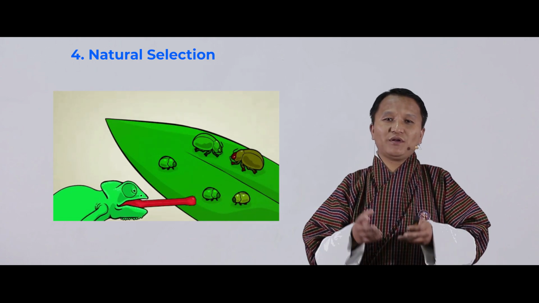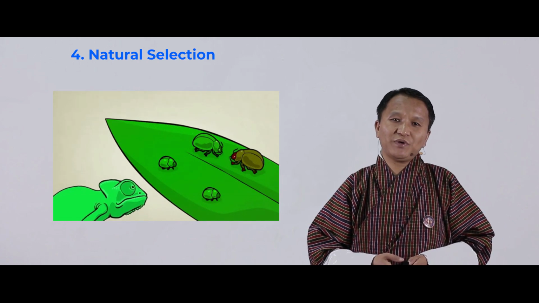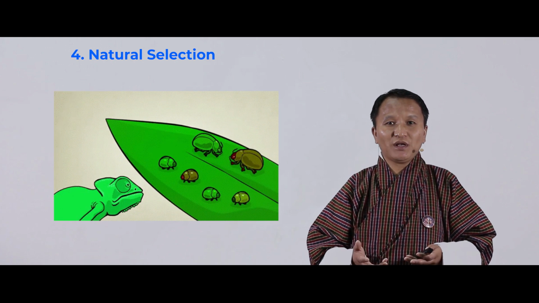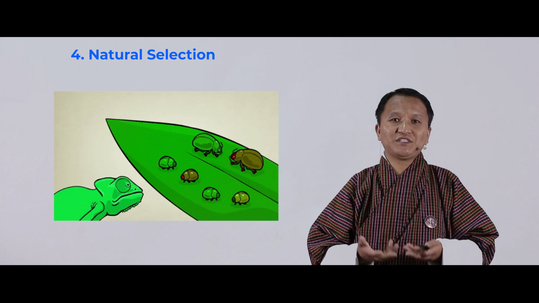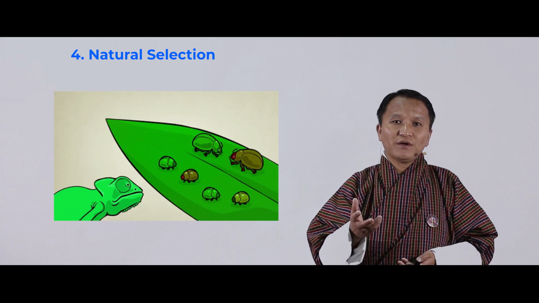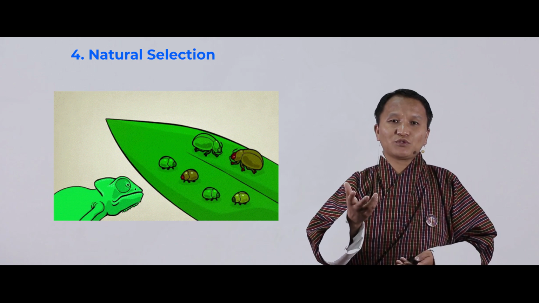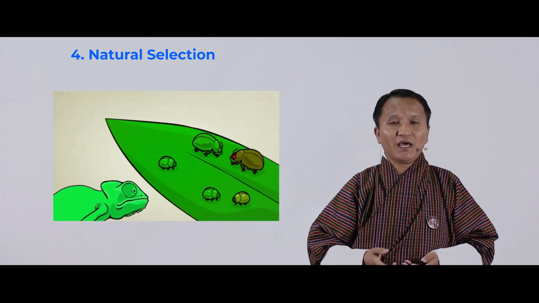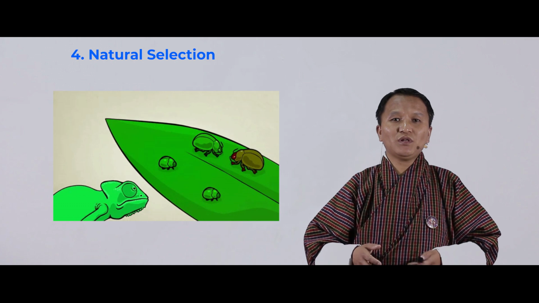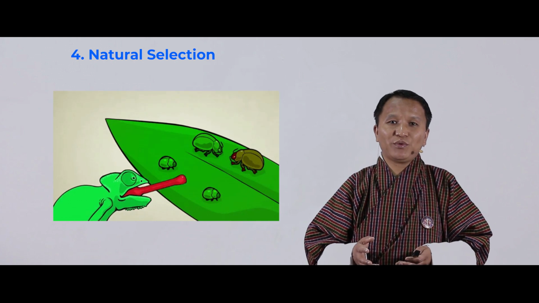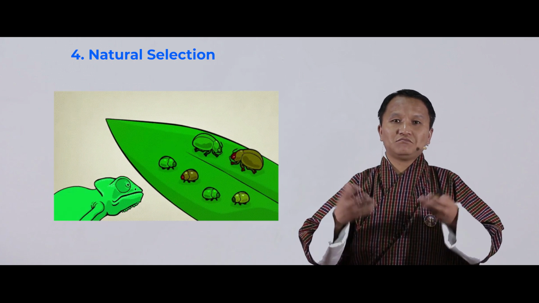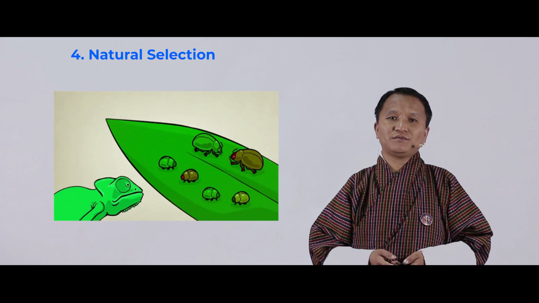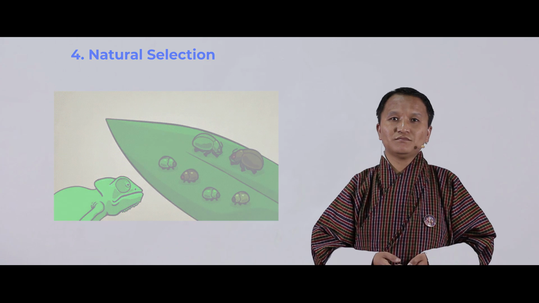Based on the way the chameleon is feeding on the bugs, you should be able to determine which one has survival advantage and which one has the camouflage ability. So here, the green bugs will survive because they will not be seen by the chameleon, and they will propagate. In that way, these species will multiply. So that is another example.